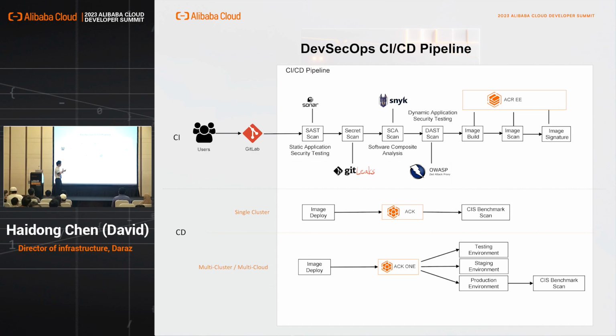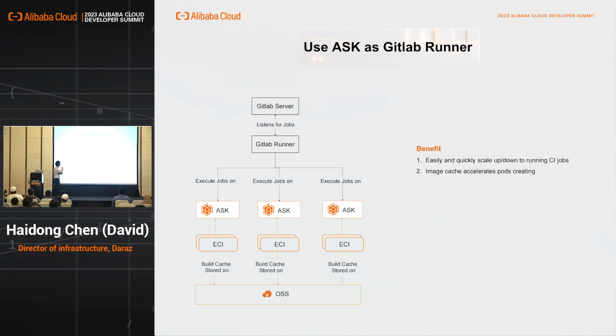And let's talk about ASK. Let me remind you, it is called serverless Kubernetes. ASK can also be integrated into GitLab. Everybody loves open source, and GitLab is open source. With GitLab Runner integrated with ASK, we can easily deploy and run the CI/CD pipeline.